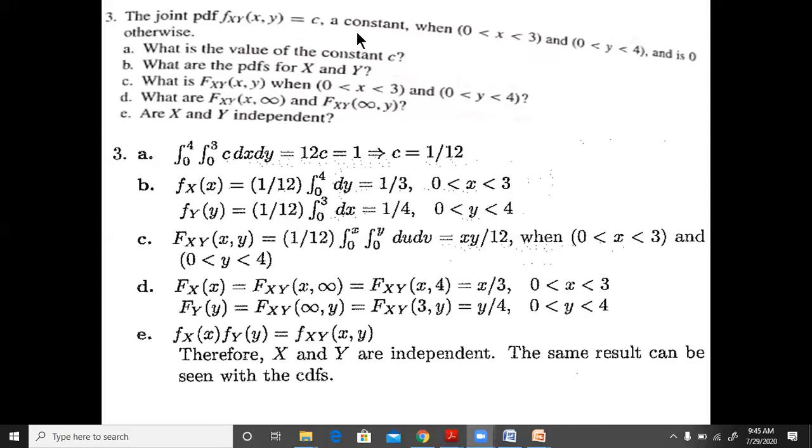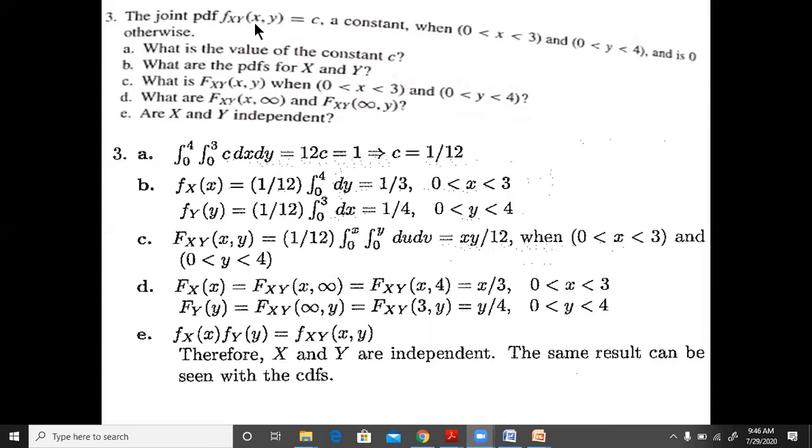Then we have here the PDFs for x and y. The PDF for x, f of x, is the integral of the same quantity, only a single integral now, with dy, because here we want it for only the x variable.